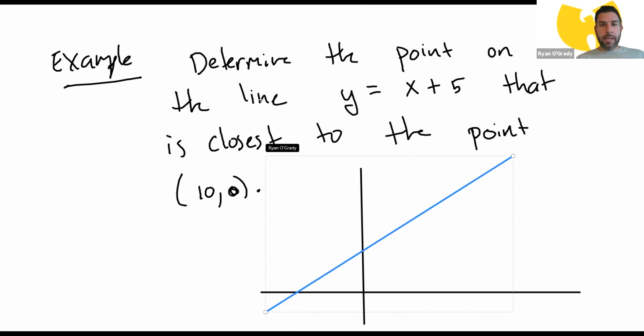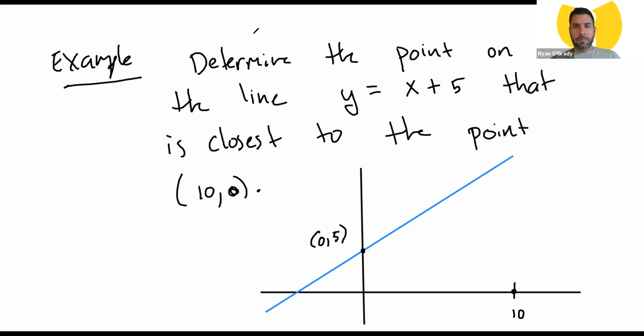This is likely not to scale, but that's okay. This is the point 0, 5. And out here, let's say this is the point 10.